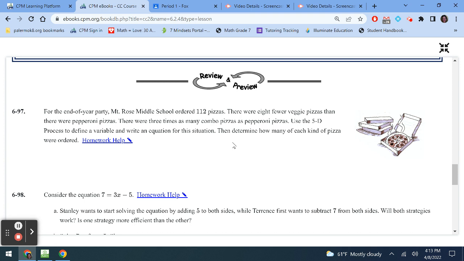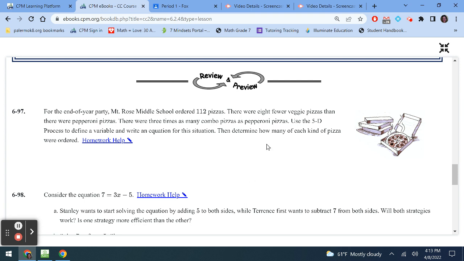So the first thing I need to know is I need to define my variable. Which one is going to be the key that helps unlock the other kinds of pizza? So we're going to look at how many times they're mentioned, and again, we're also going to look at those relationships. So there was 8 fewer veggie pizzas than pepperoni.